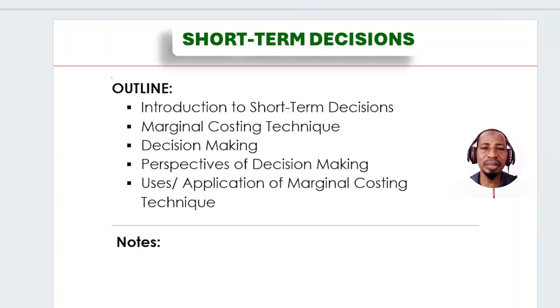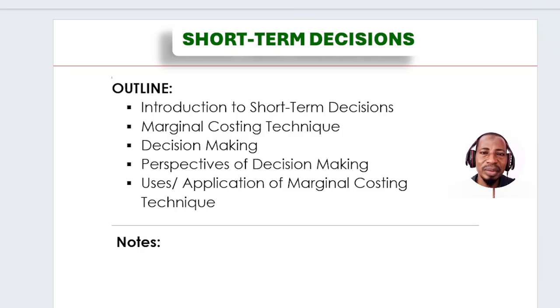Because if you as a management accountant make an error that results to financial losses to the organization, the consequential effects may be material. And that's why it is important that you allow the decision maker to make the final decision. All right? Good.